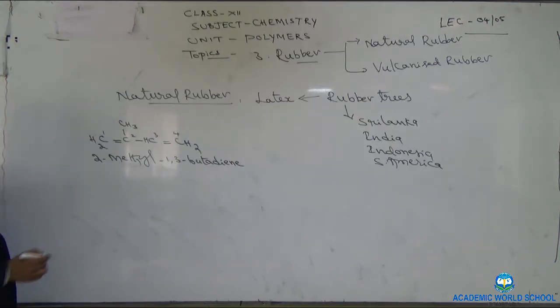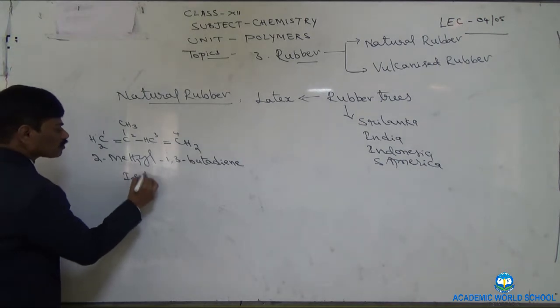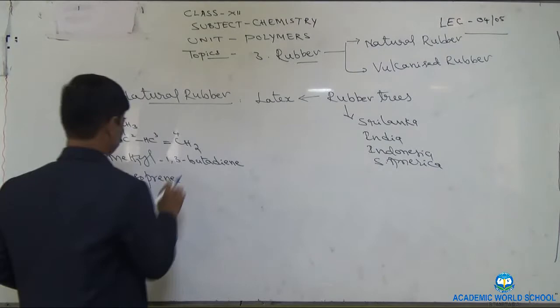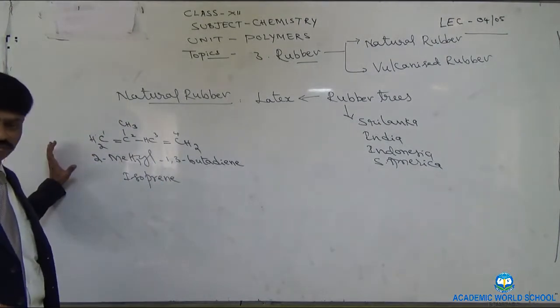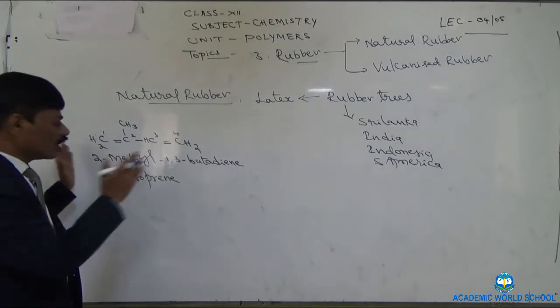This is the IUPAC name. Common name it has, that is isoprene. And this isoprene is the monomer.